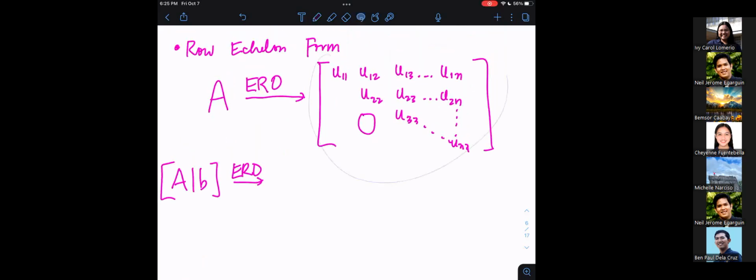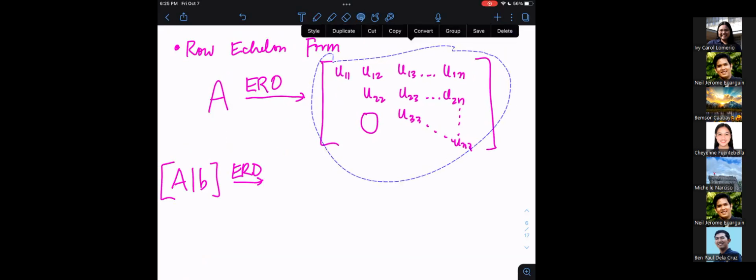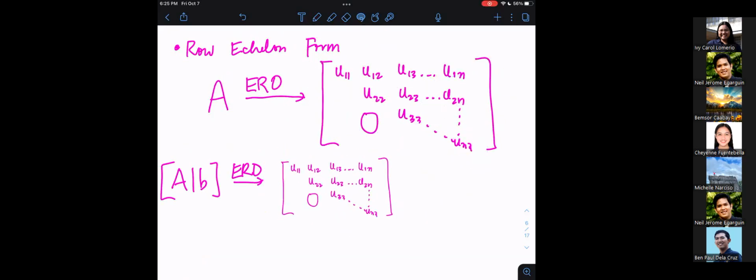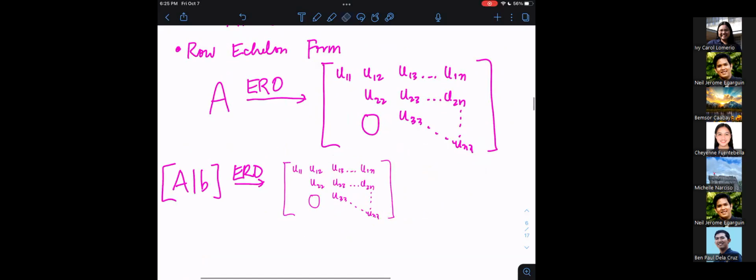It will look like this, but the resulting entries from B are augmented; I'll call them B'1, B'2 until Bn prime, the results when I do the same elementary row operations on the right-hand side vector B. So essentially, you attach B to the matrix A and perform the same EROs you use in transforming A into a right upper triangular matrix.